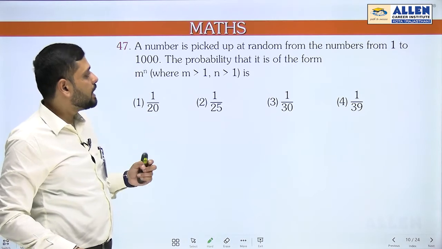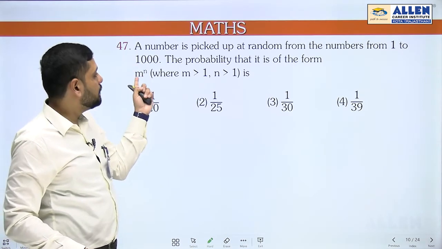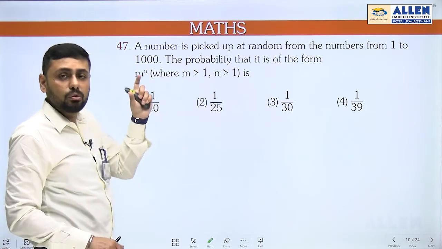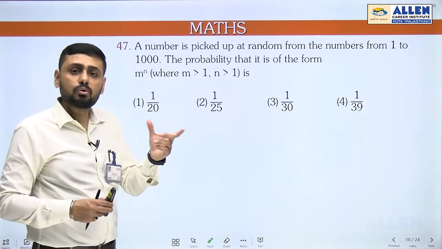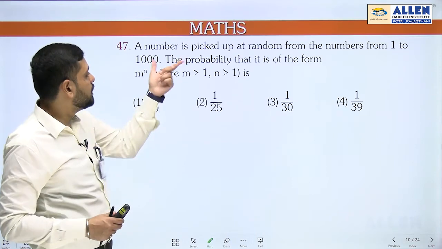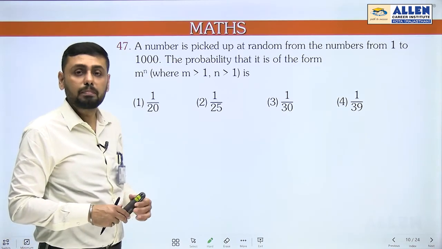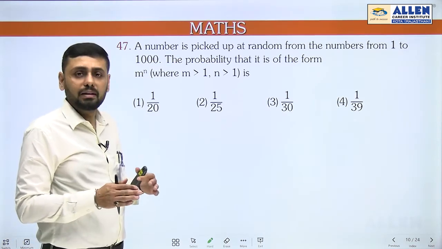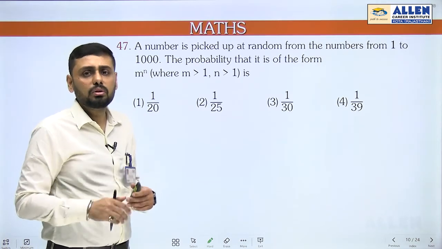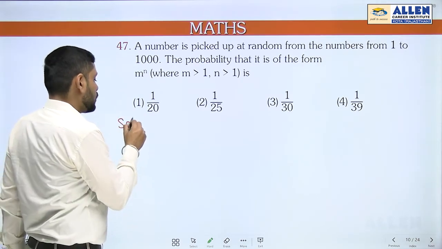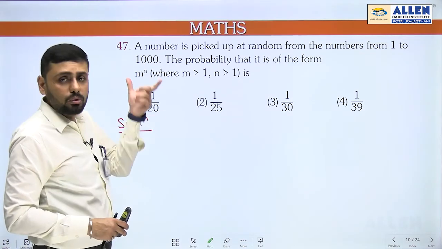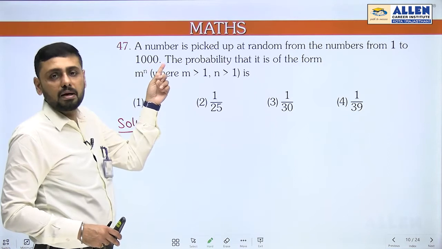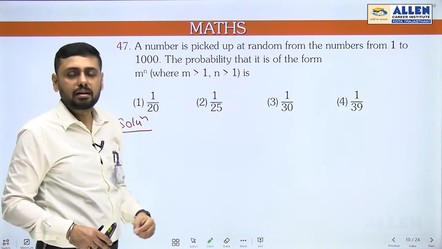And m to the power n should be a number that lies between 1 and 1000. So this is what is said in the question.